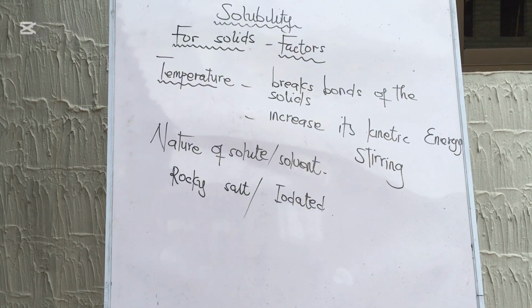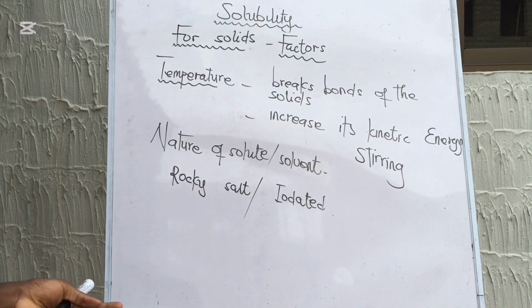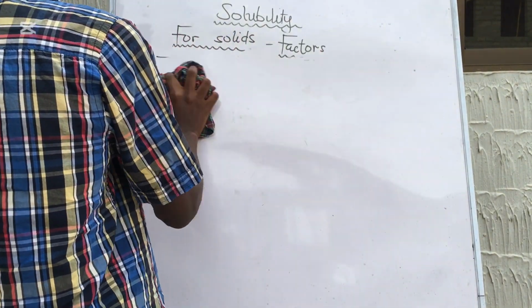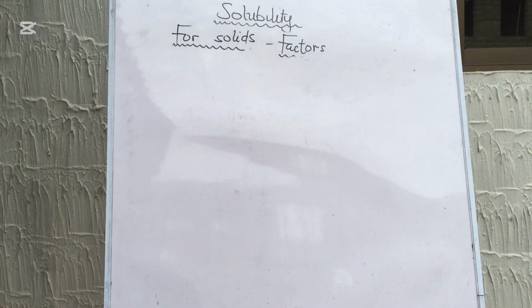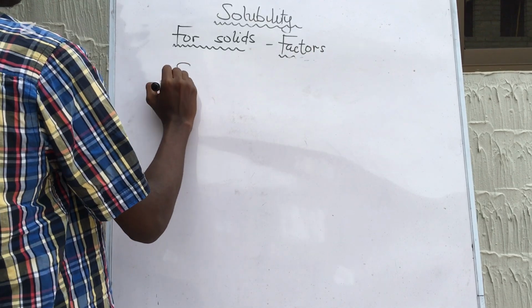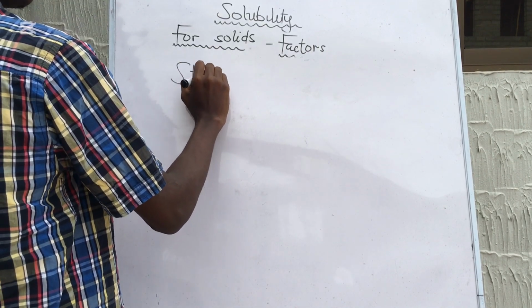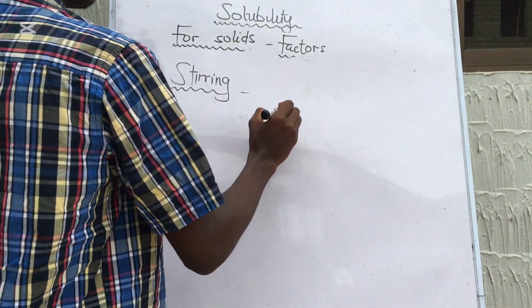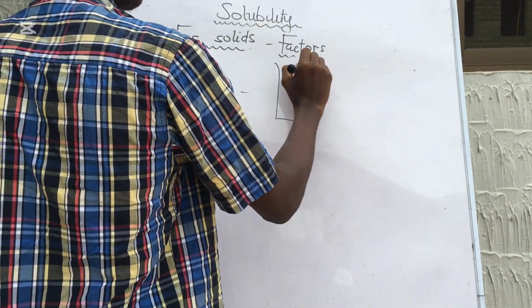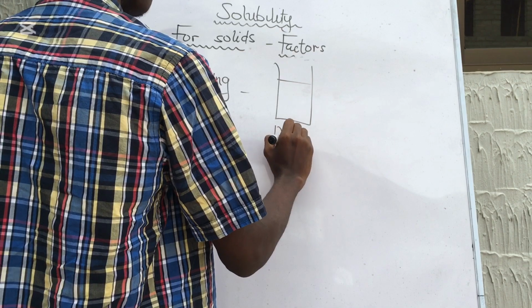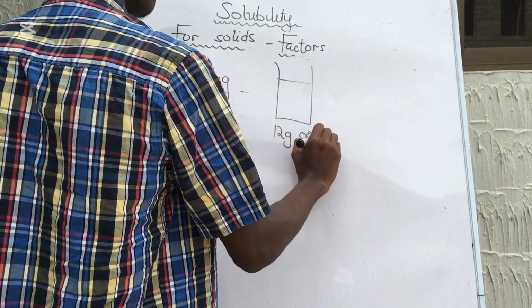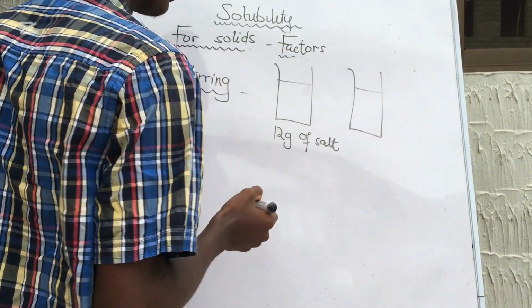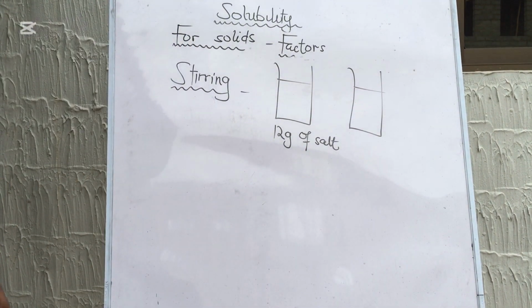For instance, let's talk about the stirring part of it. If you have a solvent that can only dissolve a maximum of 12 grams of salt, the same solvent here as well can also dissolve 12 grams of salt.